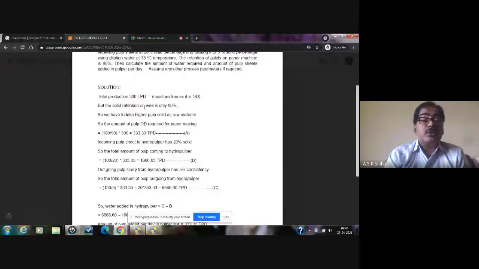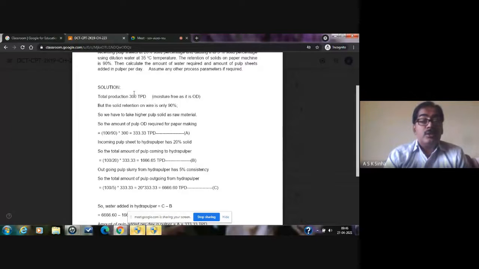So whenever doing recycling, 100% recycling is not there, some part will be lost. So we are considering overall solid retention on wire as 90%.